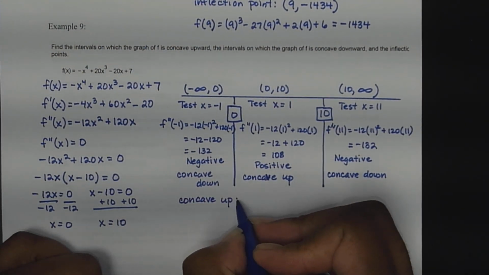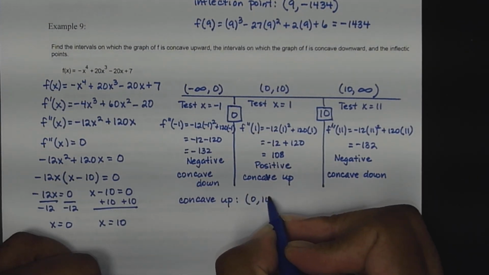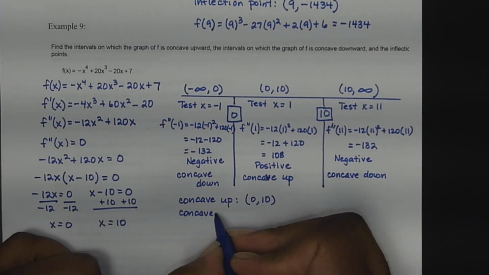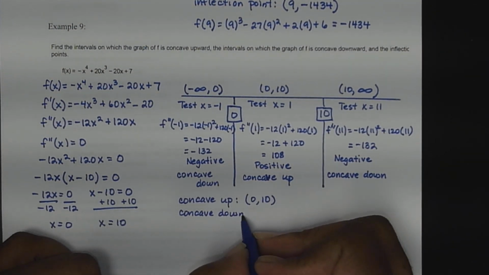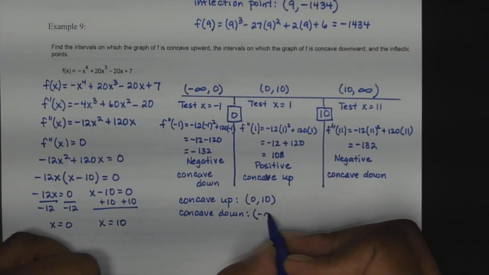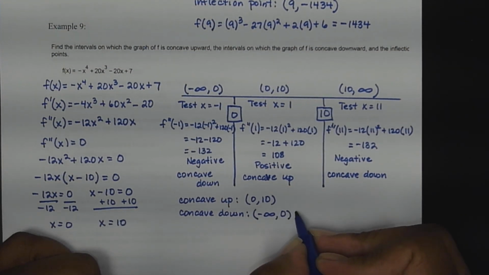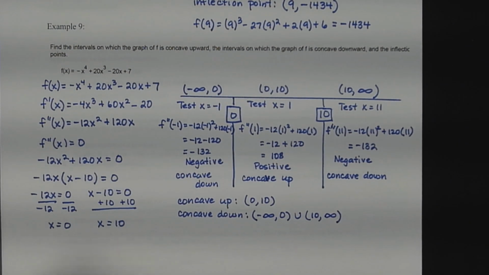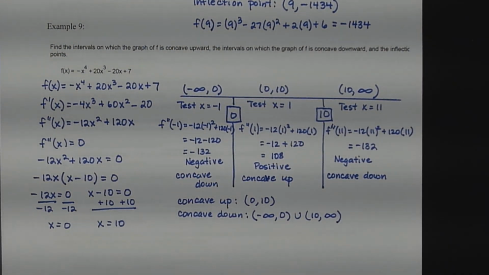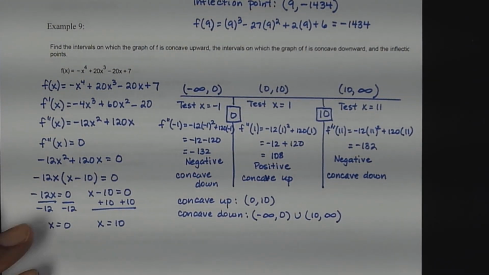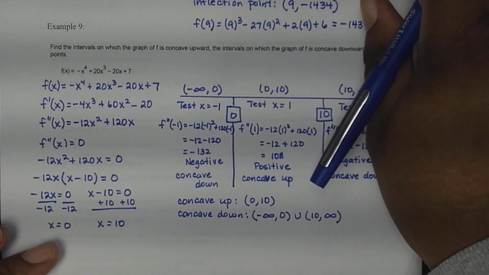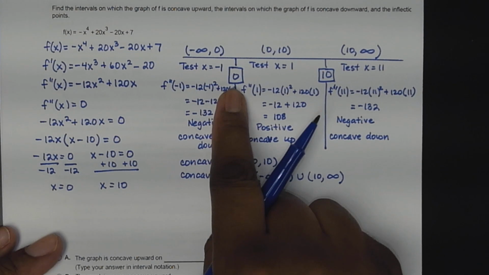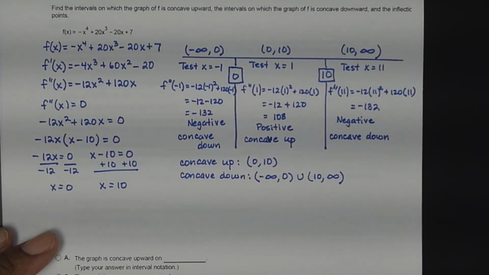It's concave up on the interval 0 to 10, and it's concave down on two intervals, from negative infinity to 0 and from 10 to infinity. And this time we have two inflection points, one at 0 and the other at 10.